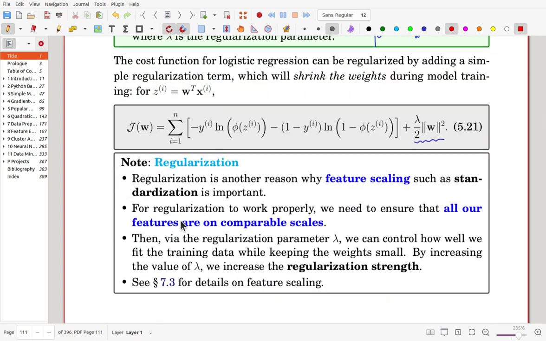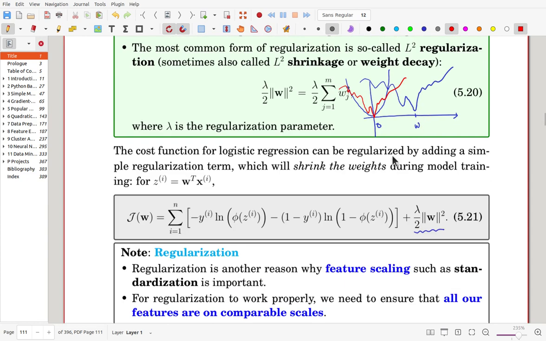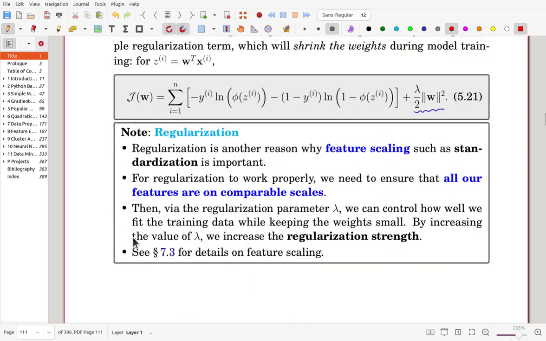Regularization is another reason why feature scaling, such as standardization, is important. By scaling the data, we try to get the objective function so that the optimal solution is around 0 and small, and that's the logic behind feature scaling.